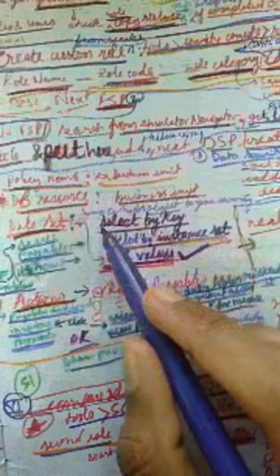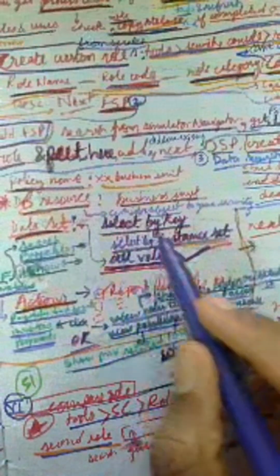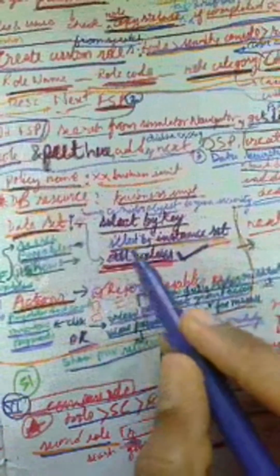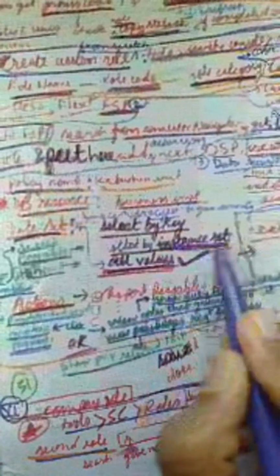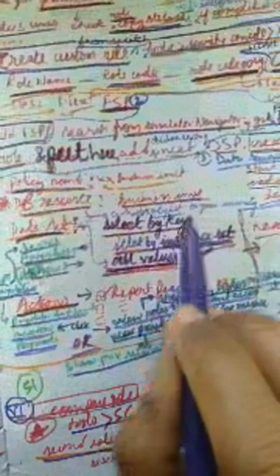Data set meaning all values, the data set which is selected by a key, or which is selected by an instance set. For that particular instance, only one instance set of data I'll give security. So there are three options here in the data set: all, select by key, and select by instance set. So we'll select all values here.